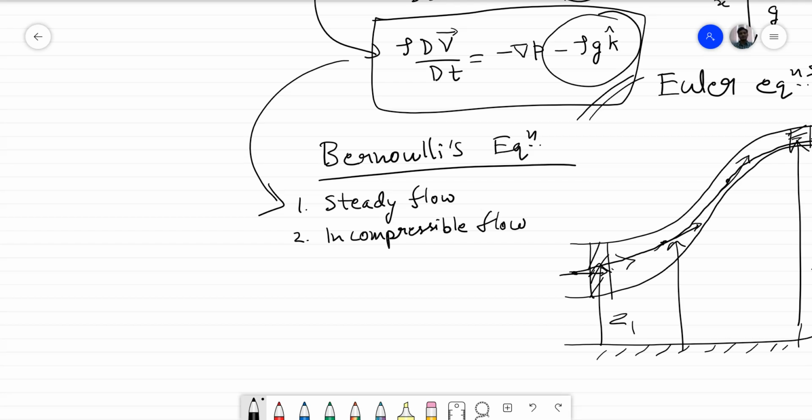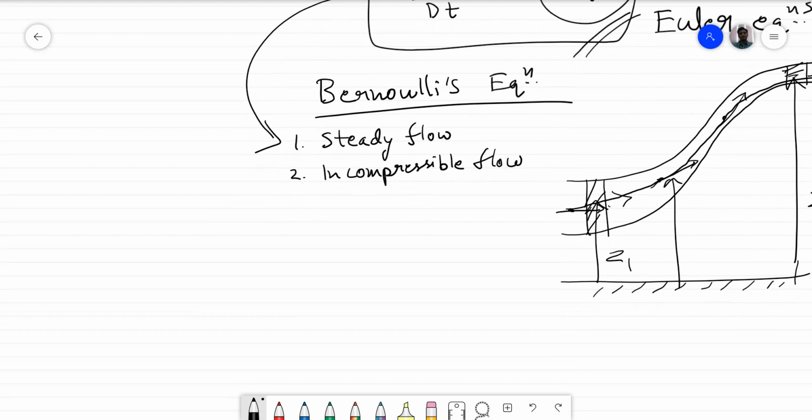And we have assumed that this is an incompressible flow. So Bernoulli's equation also has these assumptions. This is an additional assumption that the flow should be steady. The third is that there should not be any viscosity to the flow, or it should be frictionless.